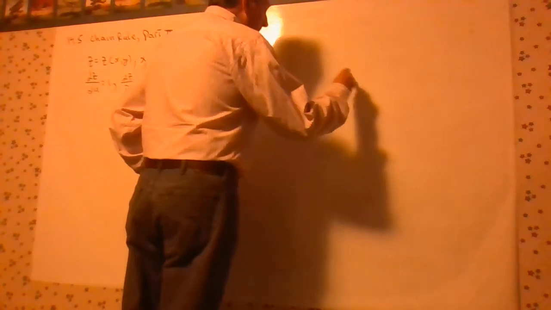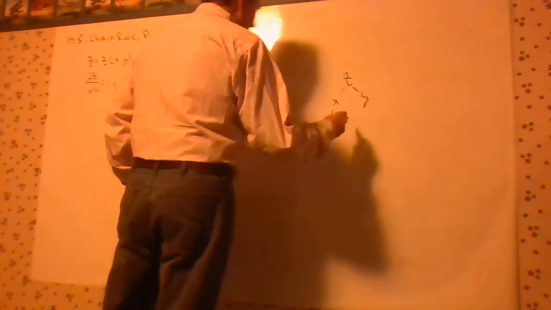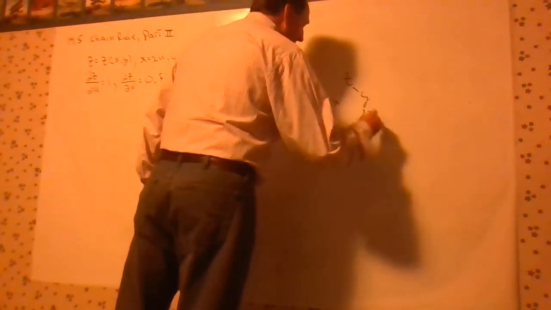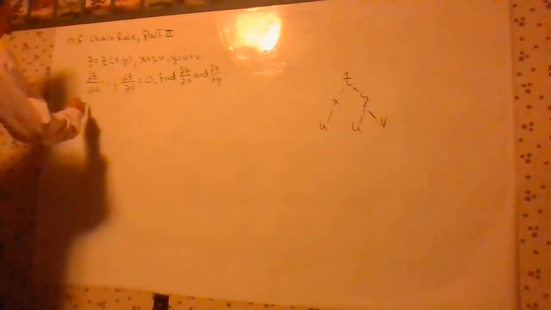z is a function of x and y. x is a function of u. You can put a v here, but there's really no v here. And y is a function of u and v. And so we want to write out the chain rule formulas.